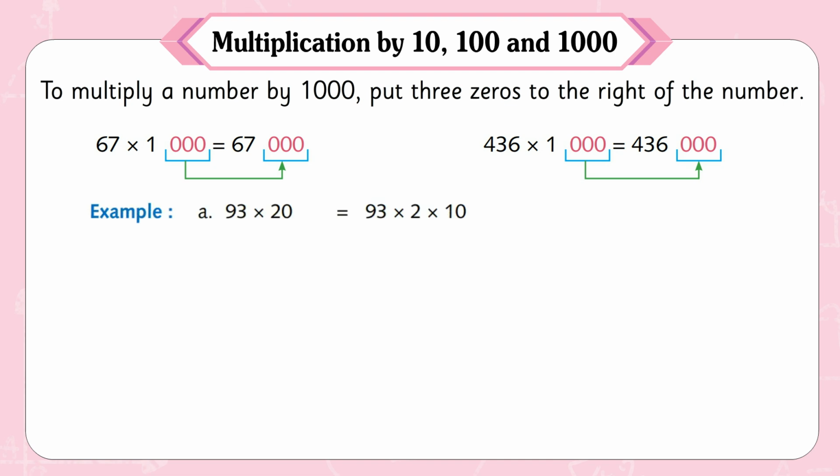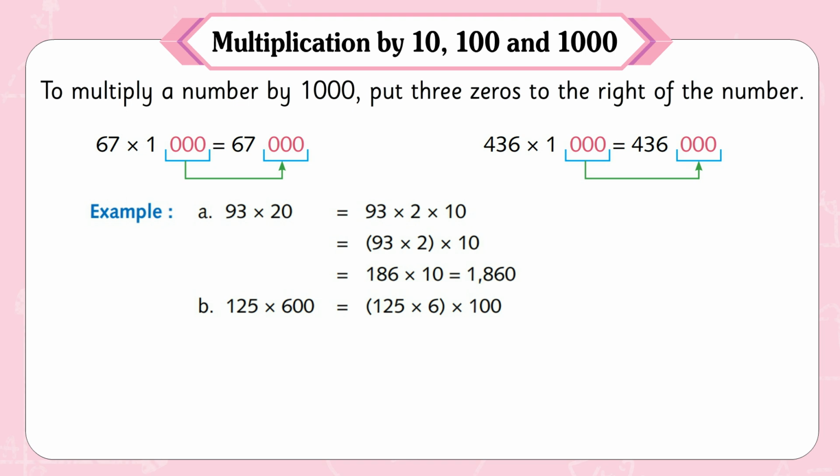Example: A. 93 into 20 is equal to 93 into 2 into 10 is equal to bracket 93 into 2 bracket closed into 10 is equal to 186 into 10 is equal to 1860.